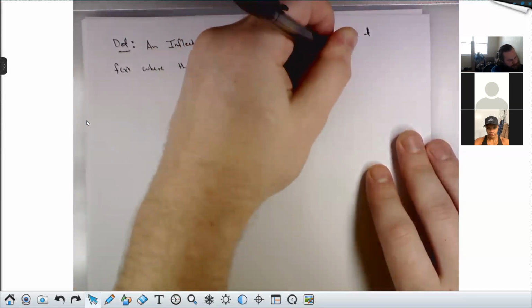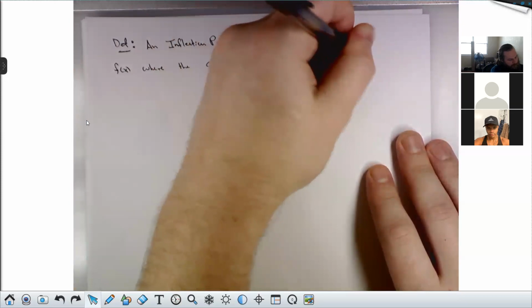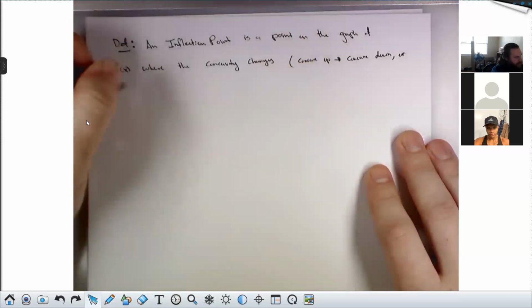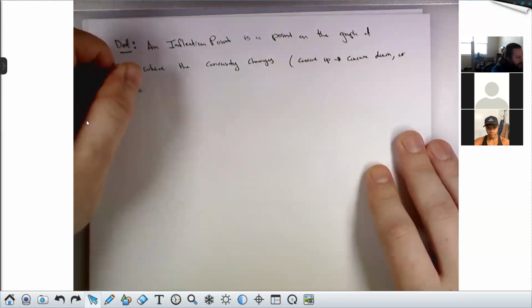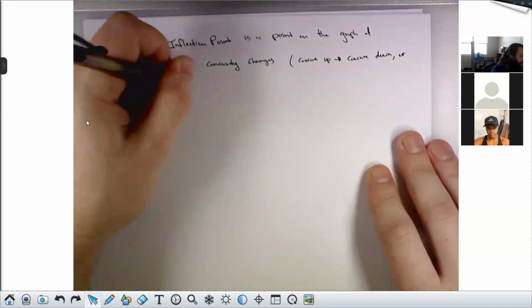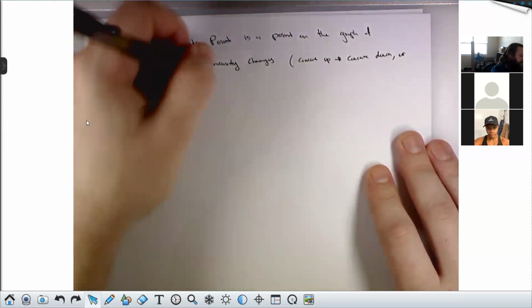Concave up to concave down, or concave down to concave up.